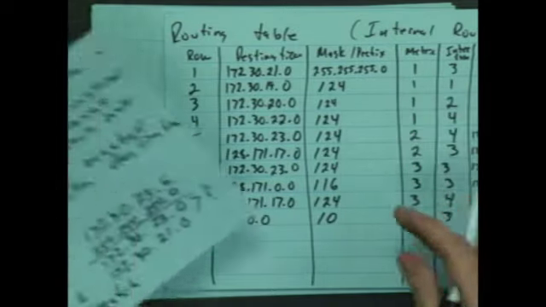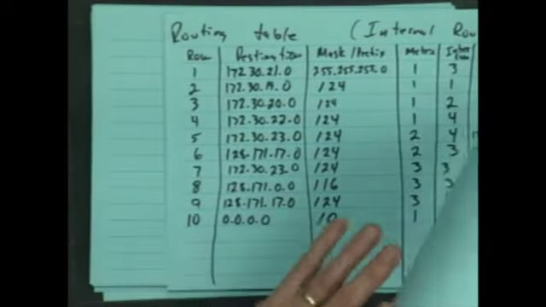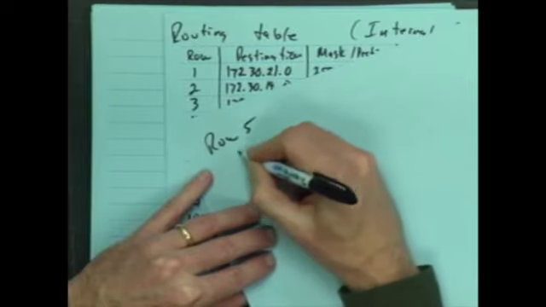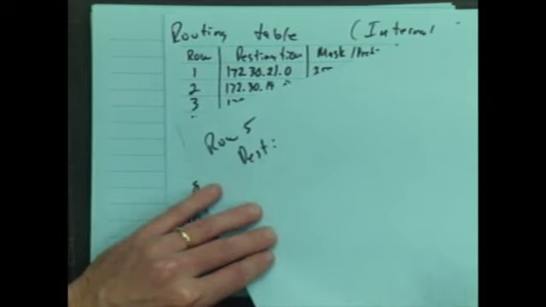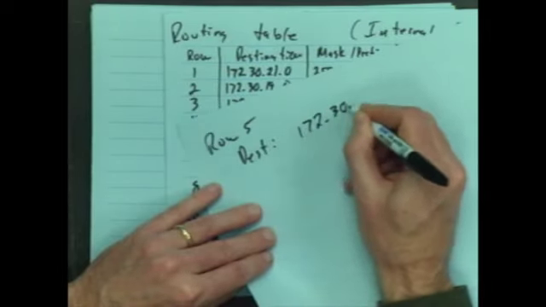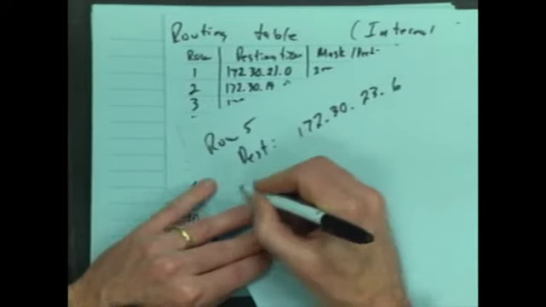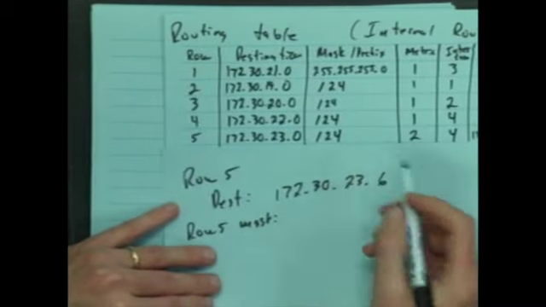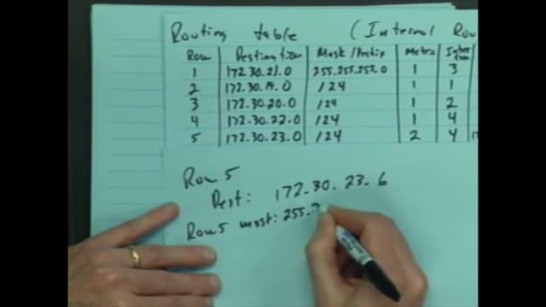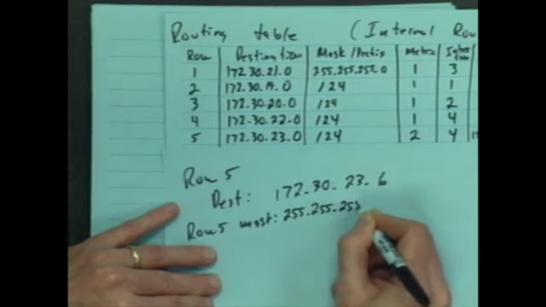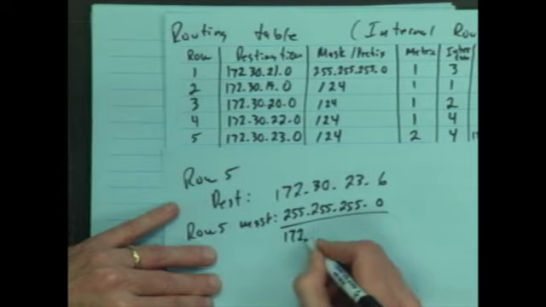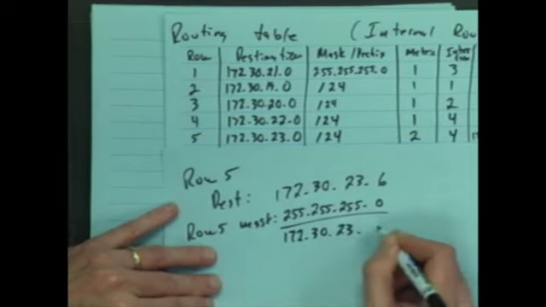So if we do row 5, the destination IP on the packet was 172.30.23.6. The row 5 mask is a /24, which means 3 octets of 1s followed by zeros. The result here is 172.30.23.0.